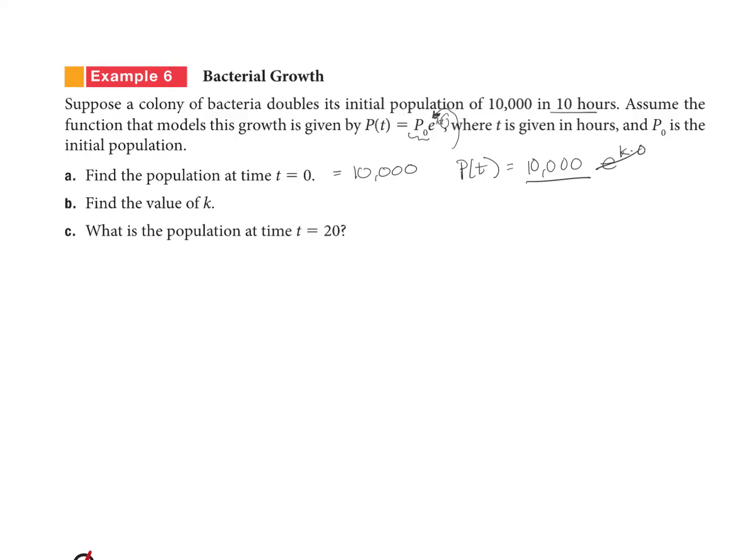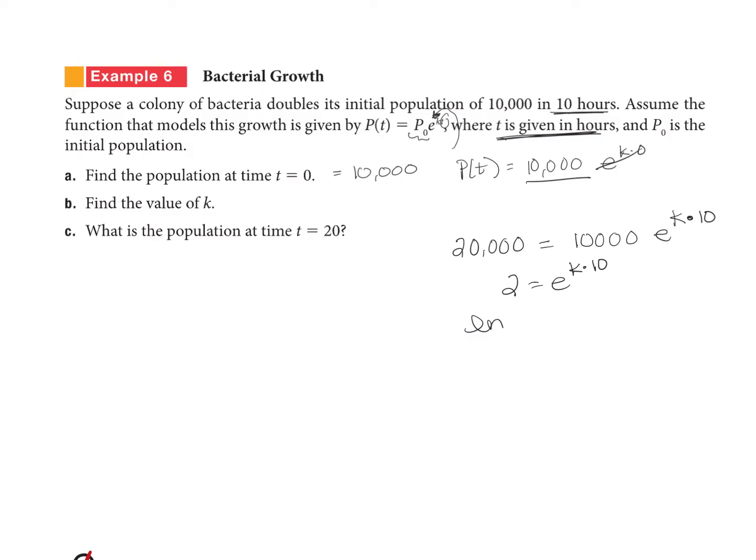It doubles every 10 hours, right? So t is given in hours, so we know that this is true: 20,000 is equal to 10,000 e to some unknown k times 10. We want to solve for k here. So divide both sides by 10,000, we get 2 equals e to the 10k. Great.